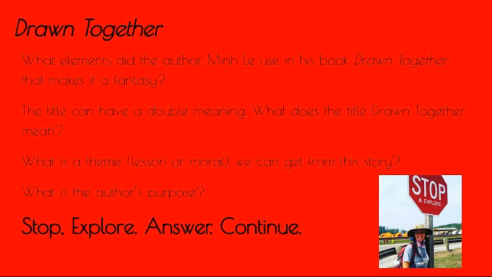Question 2. The title can have a double meaning. What does the title Drawn Together mean? Question 3. What is a theme, lesson, or moral we can get from this story? Lastly, what is the author's purpose? Stop, explore, answer, then continue.